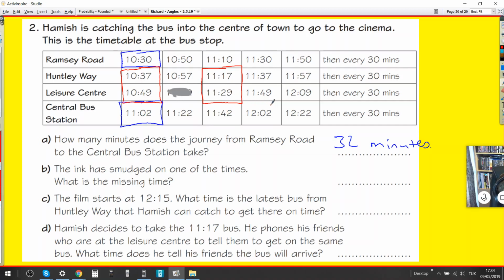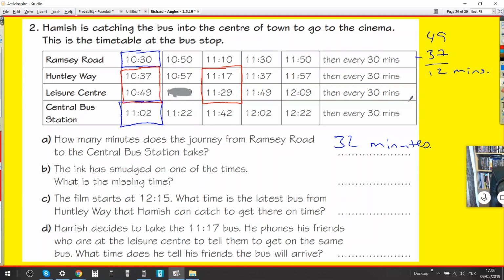The difference between 10:37 and 10:49 would be 12 minutes. And the difference between 11:17 and 11:29 would be, sorry, not 19 minutes. No, 12 minutes.